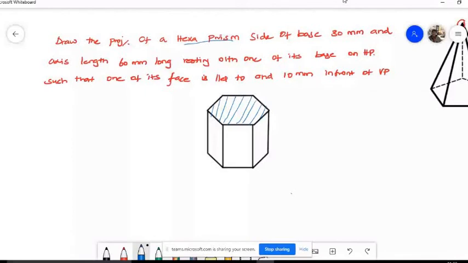Apart from that, the prism will have faces. So for instance, this is called face, one face. It is called rectangular face in general. And similarly on the circumference it will have 5 more faces. Totally it will have 6 faces. Each face will connect the edge of the bases.